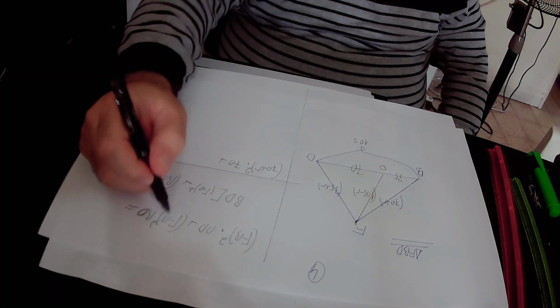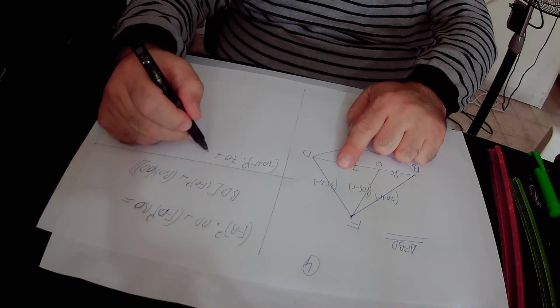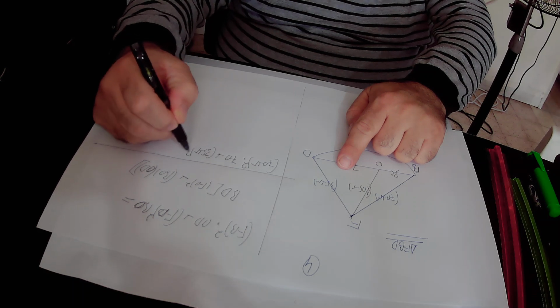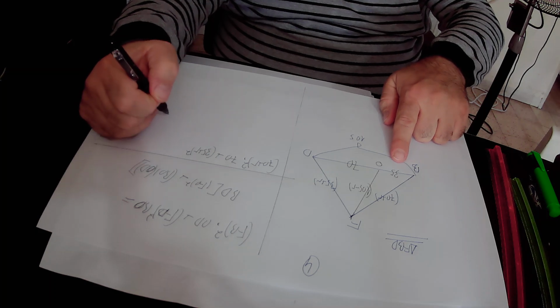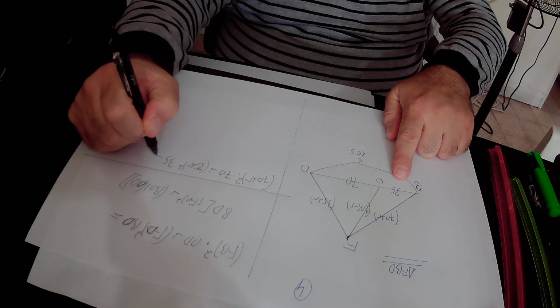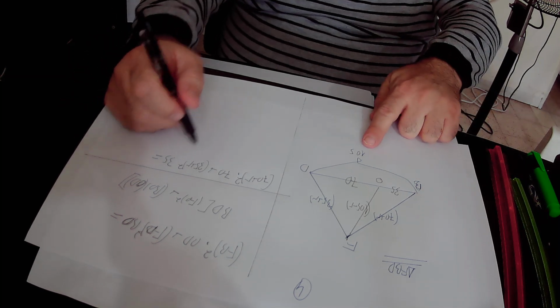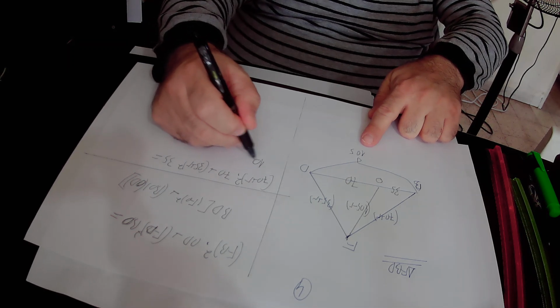FD is 35 plus R, therefore FD squared is (35 plus R) squared times BO. BO is 35, so we substitute BO by 35. And it is equal, on the other side of the equation, to BD. BD is 105, so we substitute BD by 105.